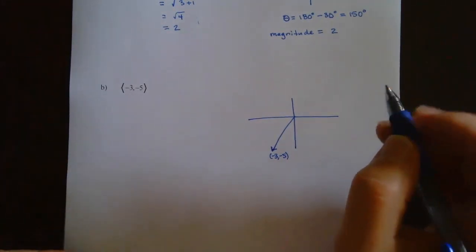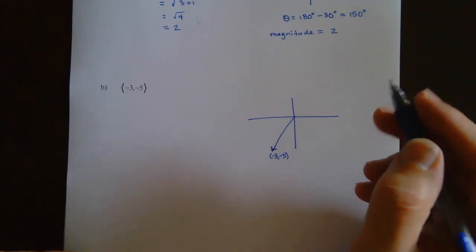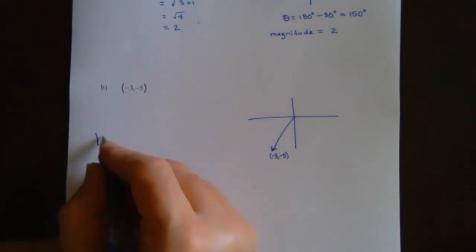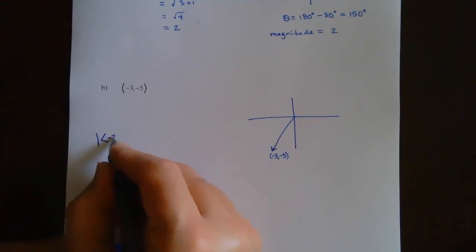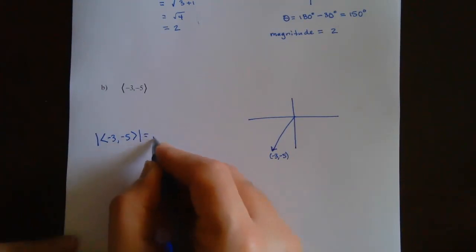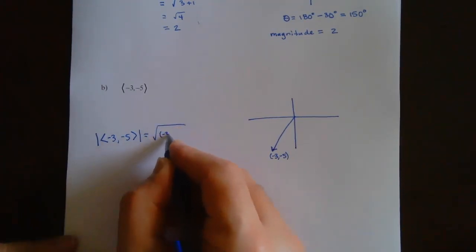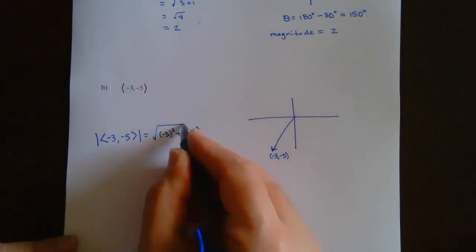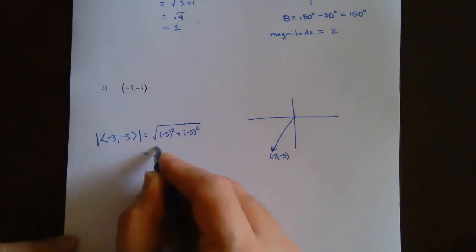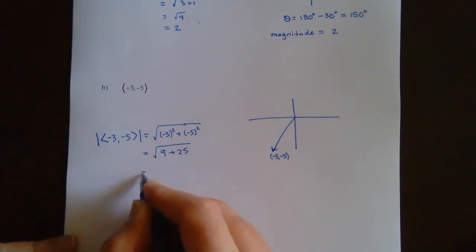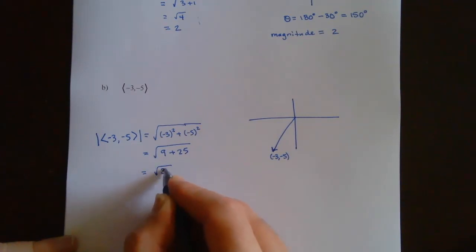Let's go with the magnitude first. That would be the absolute value of -3 comma -5, which equals the square root of -3 squared plus -5 squared. That's the square root of 9 plus 25, which is the square root of 34.